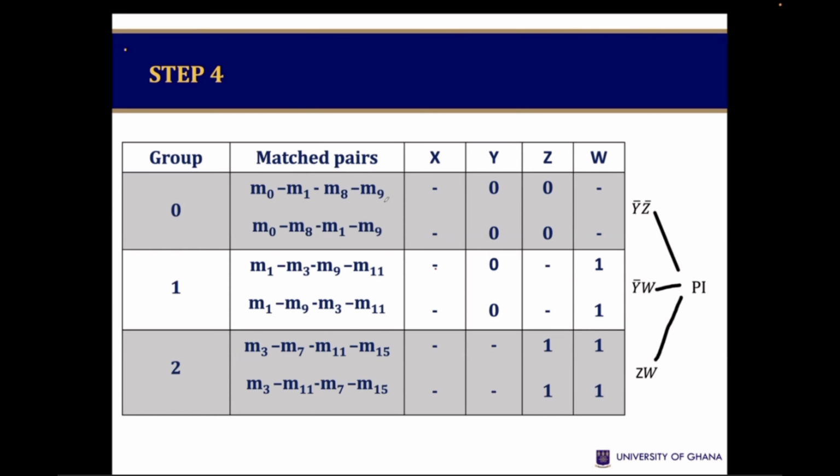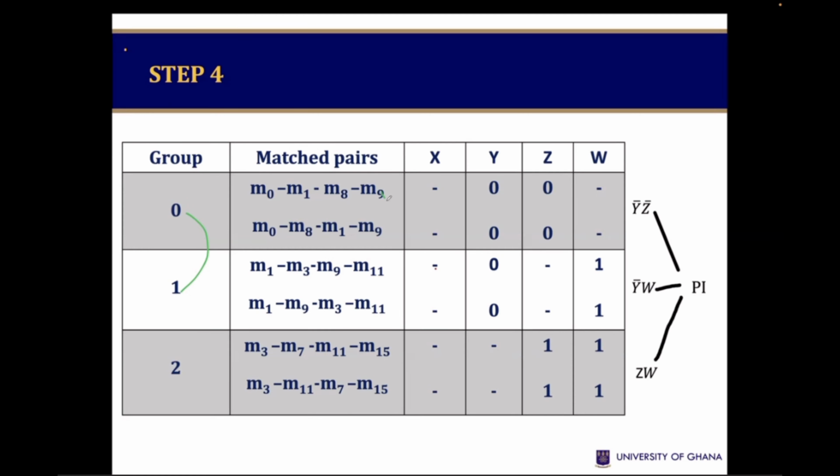So we continue to check if we can still have a match. So 0 and 1, no match.